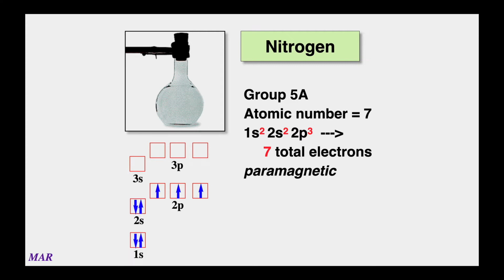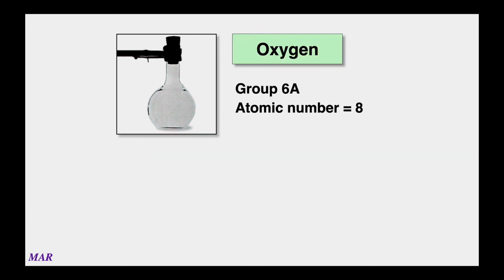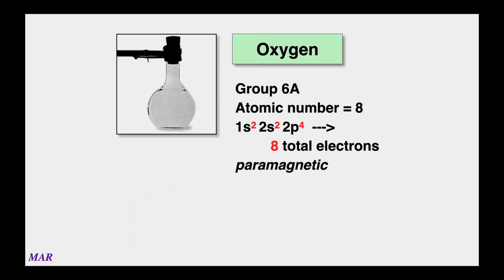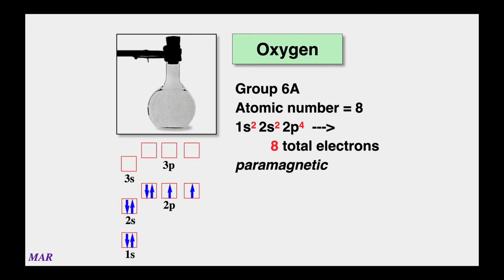Nitrogen, paramagnetic. However, the next one, a little bit more interesting. Oxygen, one more electron than nitrogen, all right? So just adding one more electron, 1s2, 2s2, 2p4. Remember that p's hold up to 6, so we still got some room, 8 total electrons possible. However, at this point, the extra electron, the 8th electron, you have to put it in with something that's already there.